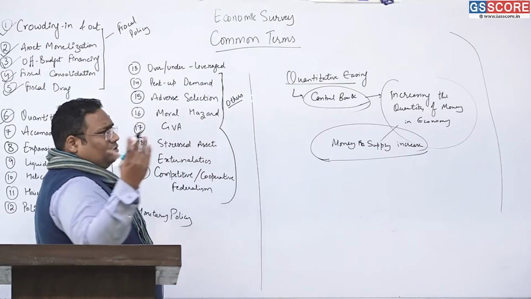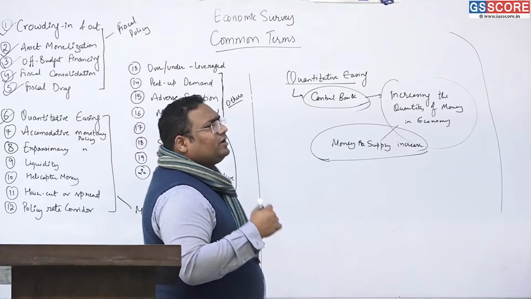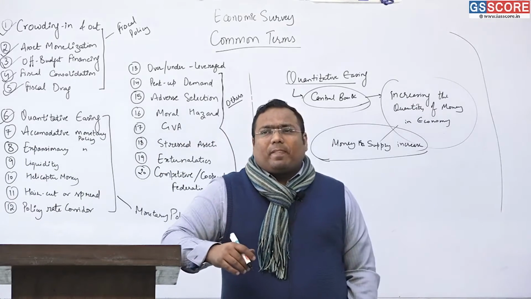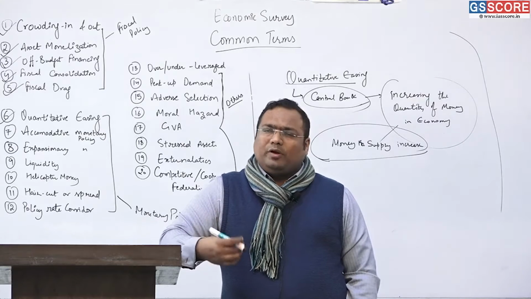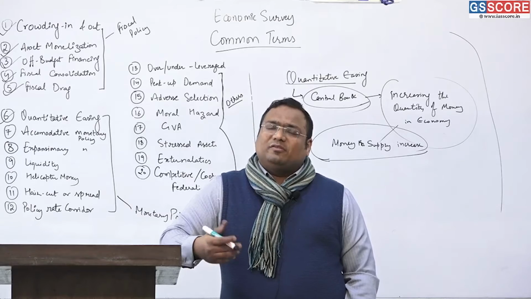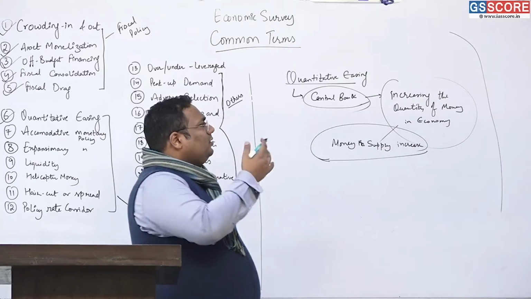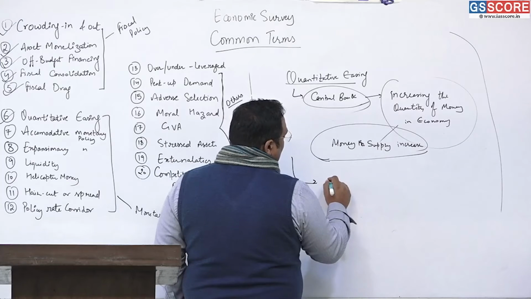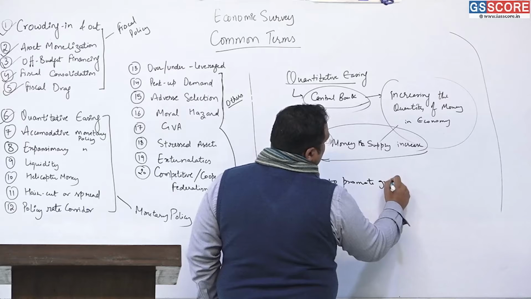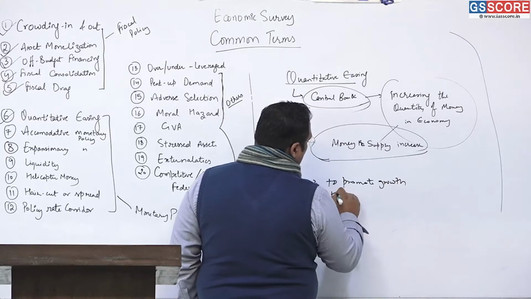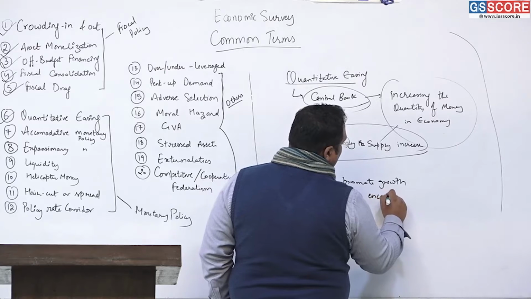So you can do all of this in order to increase the quantity. And when quantity increases, then more borrowing happens, more cash in the economy, low interest rate, so more investment will happen. So quantitative easing is done to promote growth through encouraging investments.